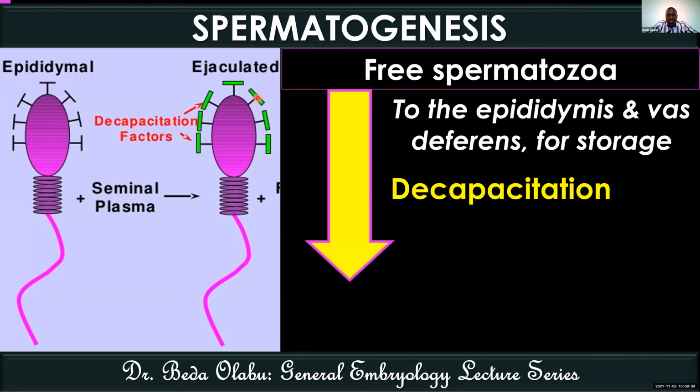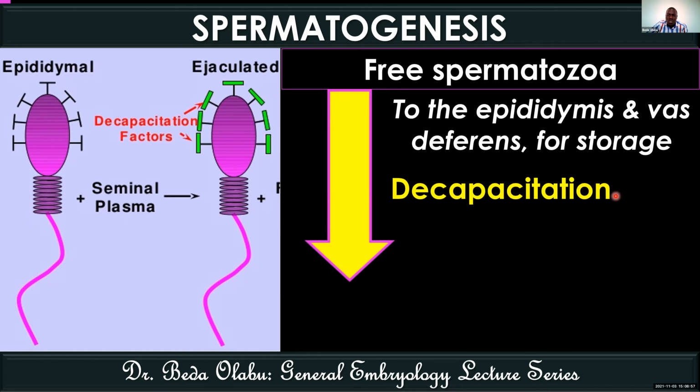If sperms are not decapacitated, in simple terms, they'll start looking for the oocyte. Now you see, even if they look for the oocyte here, they will never find it. Remember, the sperms are still within the epididymis and the vas deferens. Definitely, the oocyte is not there.